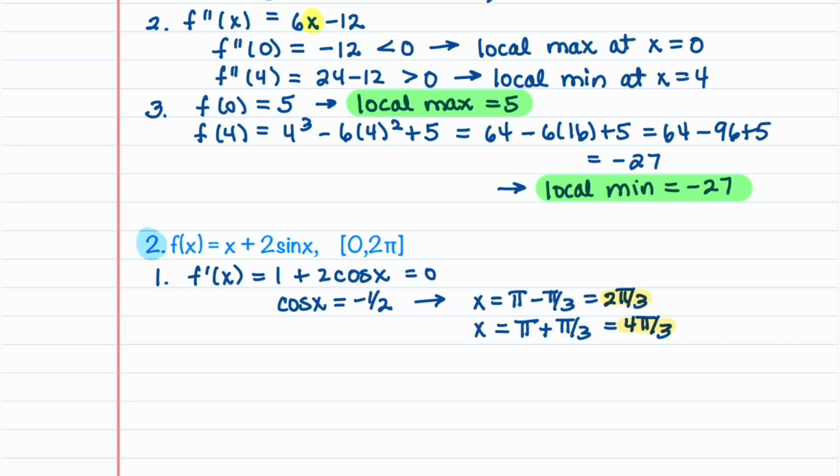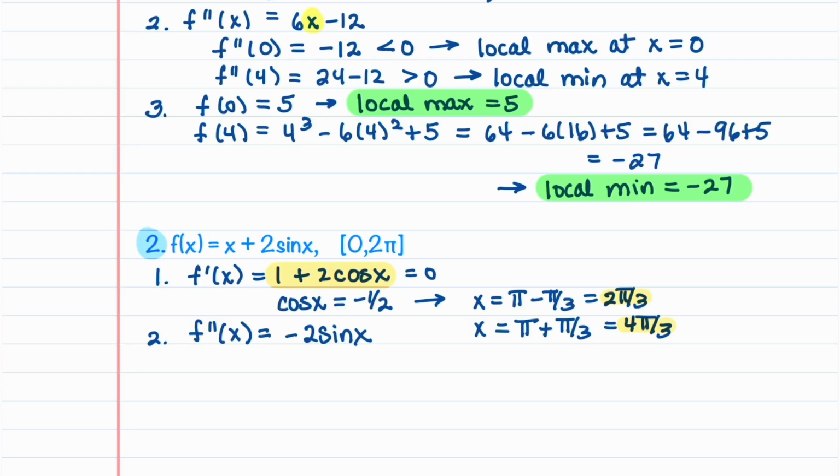In our second step, we are going to take the second derivative. So we have f double prime of x. I'm looking right up here to take the derivative. The derivative is going to be minus 2 sine x. Now we have to find the value of f double prime at those critical values. So we have to calculate f double prime of 2 pi over 3.